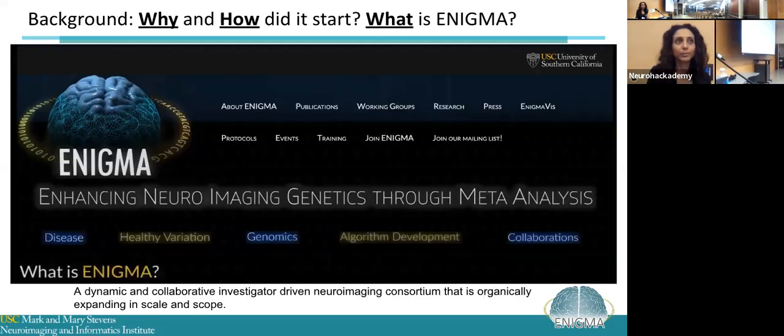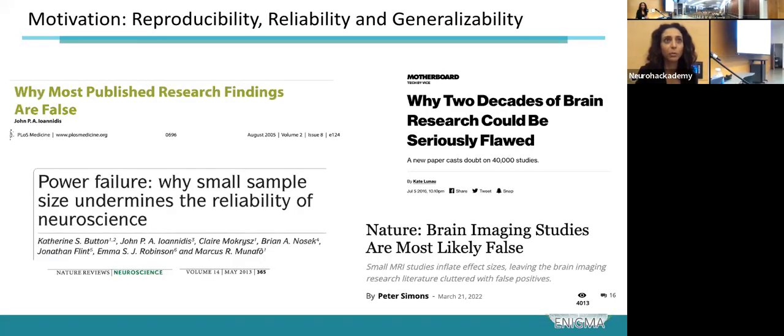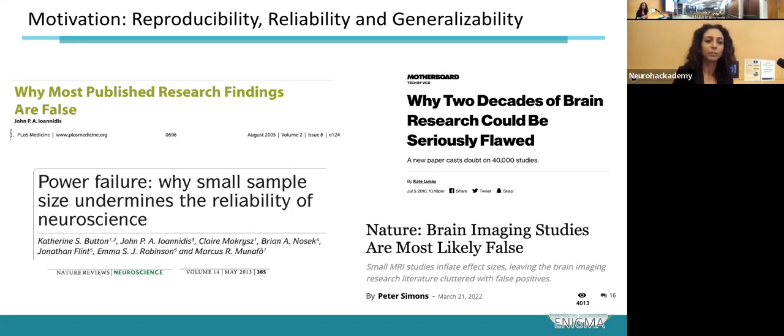So first of all, why and how did Enigma even start, and what is Enigma? I consider Enigma to be a very dynamic and collaborative investigator-driven neuroimaging consortia that's actually organically growing and expanding in both scale and scope. The motivation behind Enigma, you've heard quite a bit about this throughout this workshop already.